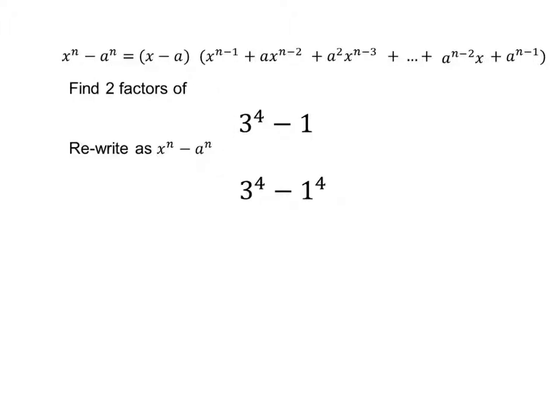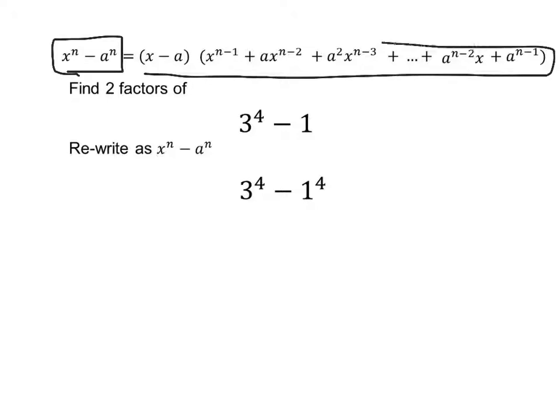So there you have it, 3 to the power of 4 minus 1 to the power of 4. Now our next job is to apply this formula with this. You're going to recognize that the 3 to the power of 4 is like our x to the power of n. So our x is 3.